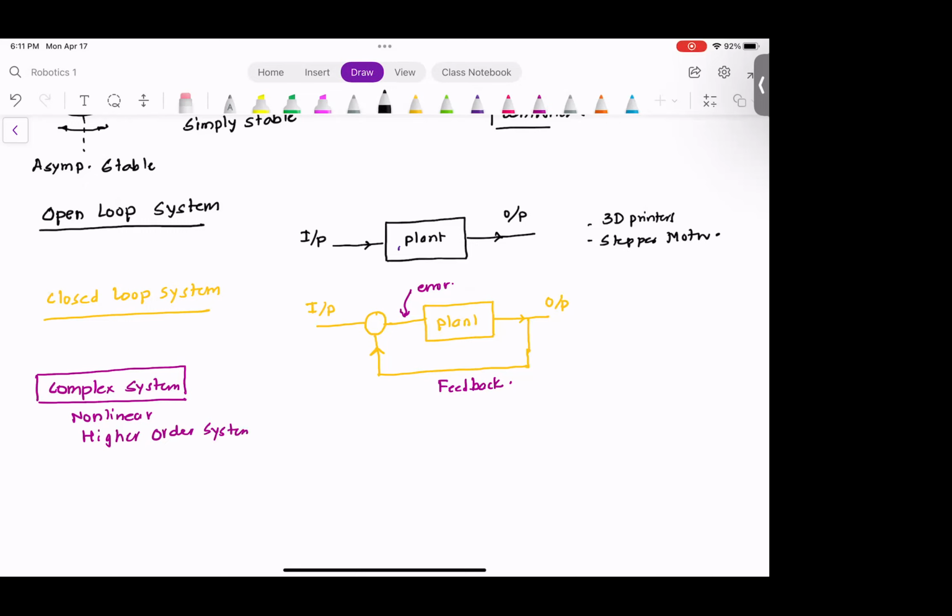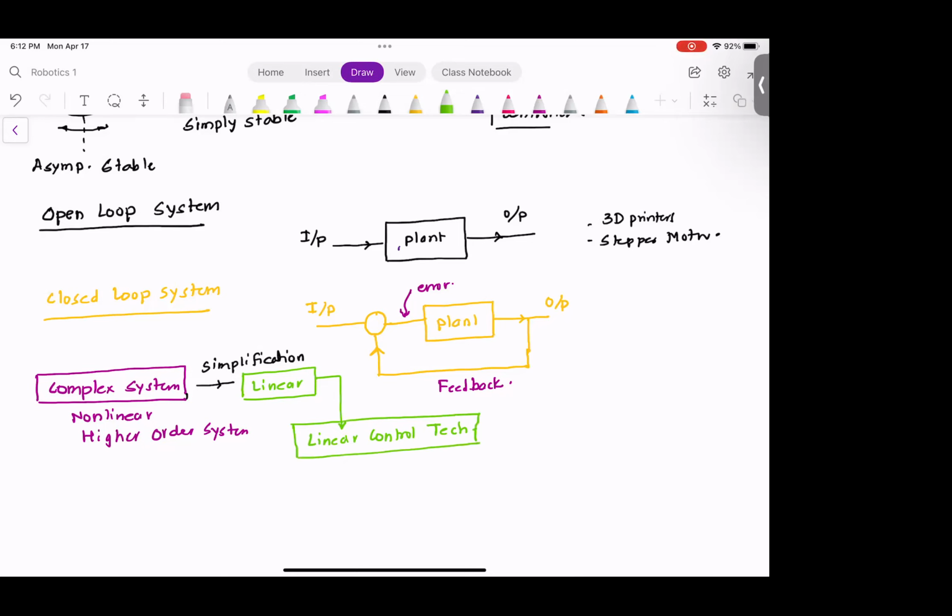And what we do is we somehow simplify this, some simplification process. After we simplify, we get this linear model. And once we have a linear model, we can use some linear control techniques to control this linear system.